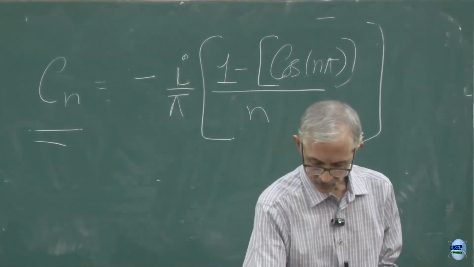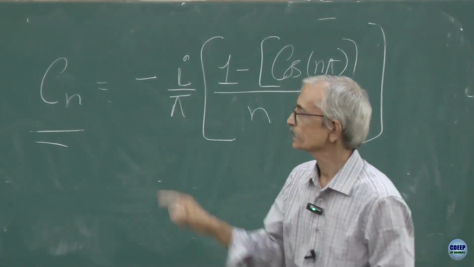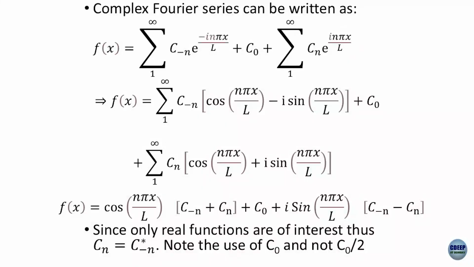Now what else has to be done? Cn minus minus Cn. What is that? Cn is i, minus minus i has made it a 2i, right? So I am going to get a 2 sitting in there. I have to throw this i out, and then if I now compare this expression with what I had in the past, you will find that they are the same.